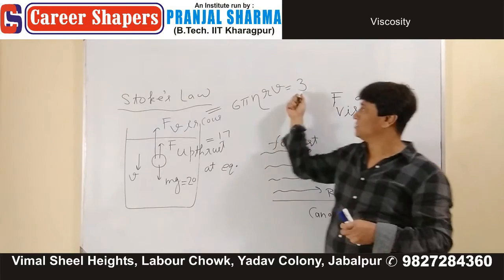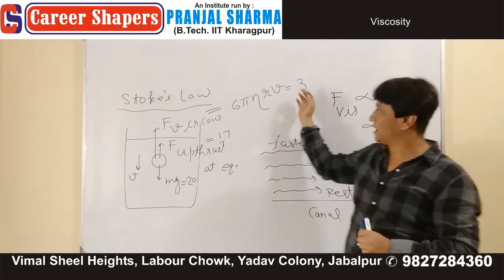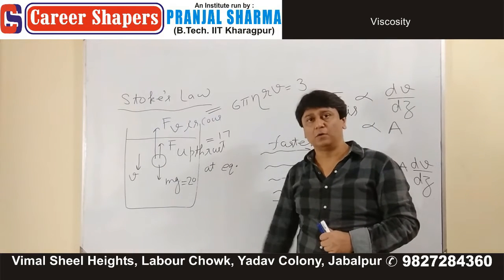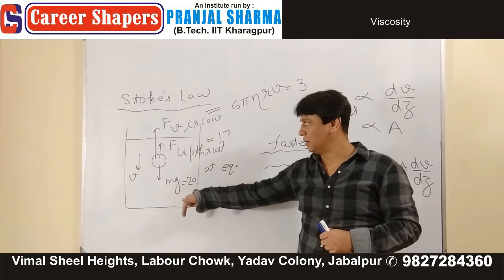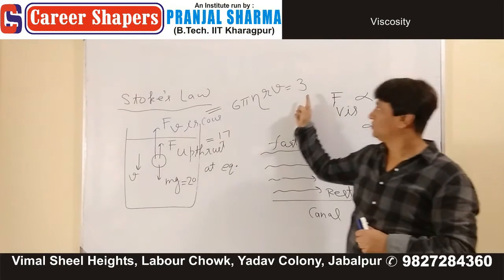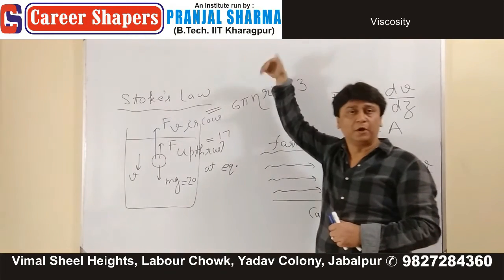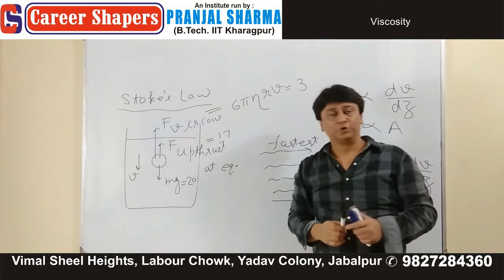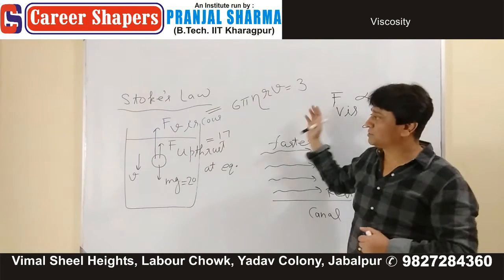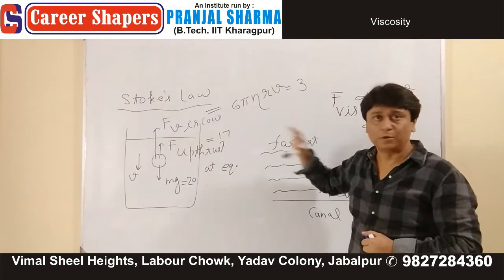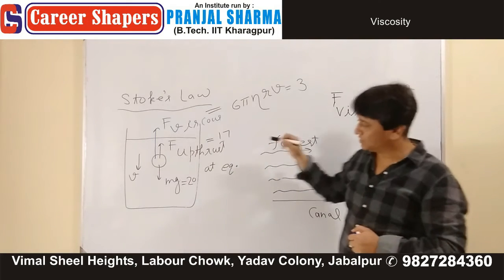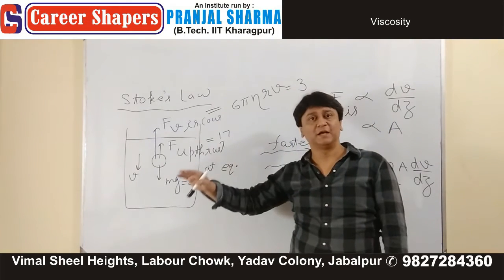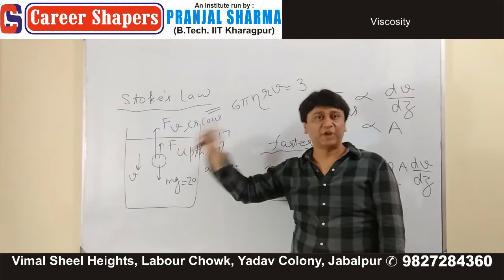The moment it becomes 3, what is net force now? 20 down, 17 up, 3 up. That is 20 up. 20 down, 20 up. What is net force? 0. Should it stop? Should this ball stop? No. This is the time when force has stopped changing.